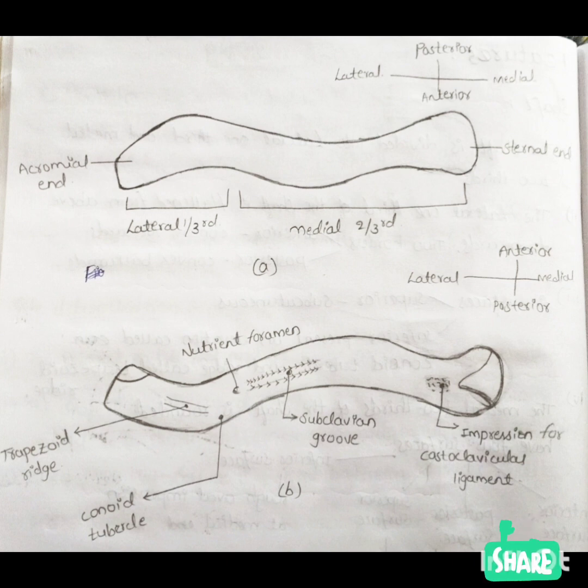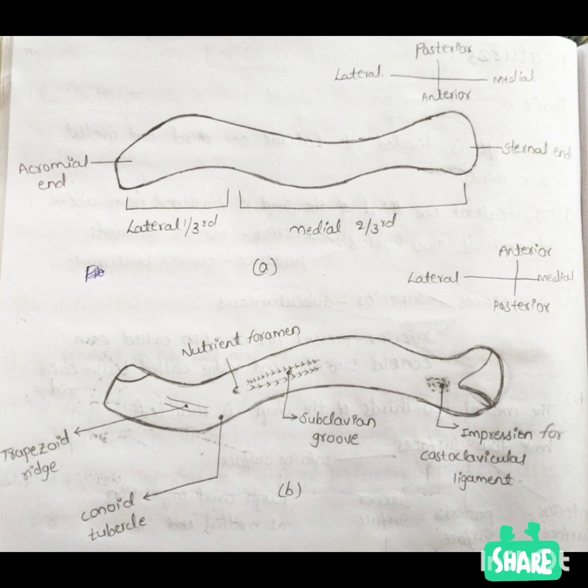Now, lateral end and the medial end. The lateral end or acromial end is flattened above downwards. It bears a facet that articulates with the acromion process. So, it is also called acromial end because it articulates with acromion process of the scapula to form acromioclavicular joint.